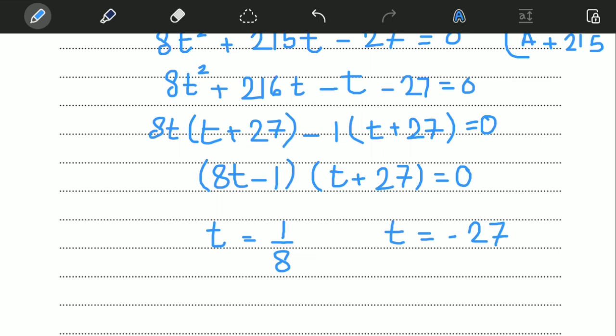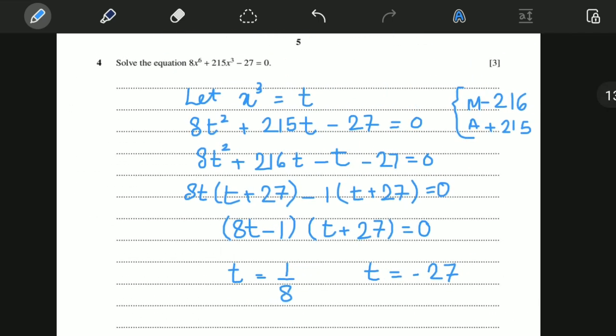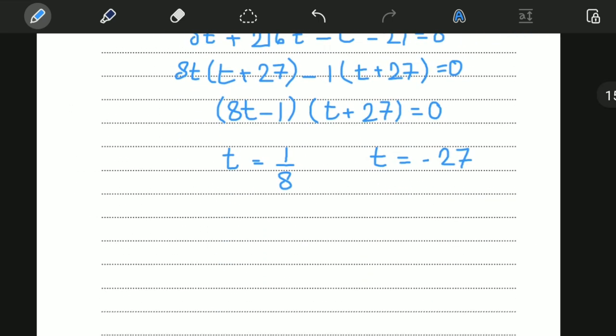Now substitute back t equals x cube. So x cube is equal to 1 by 8 and x cube is equal to minus 27.